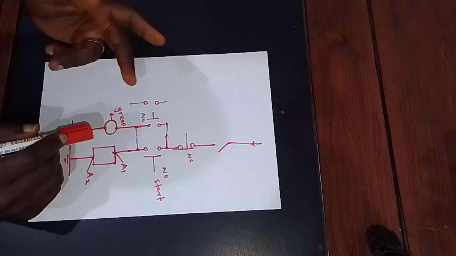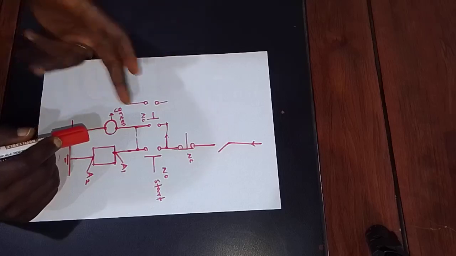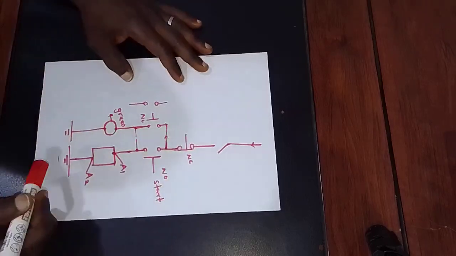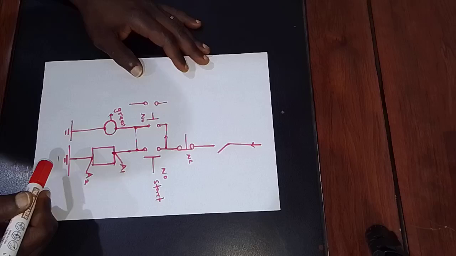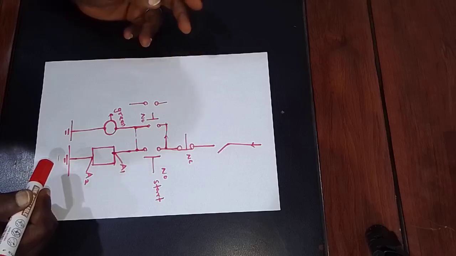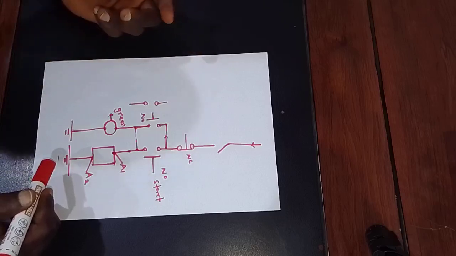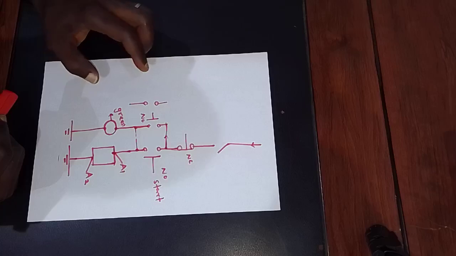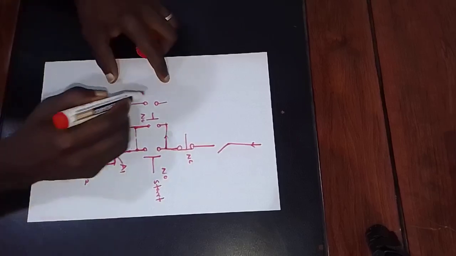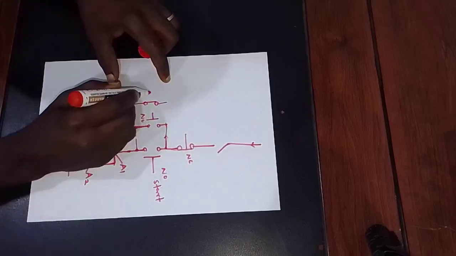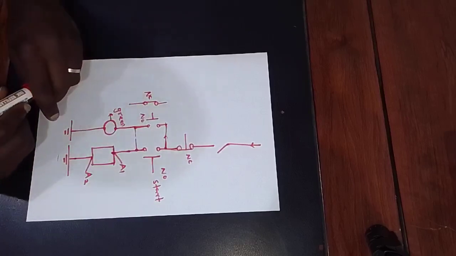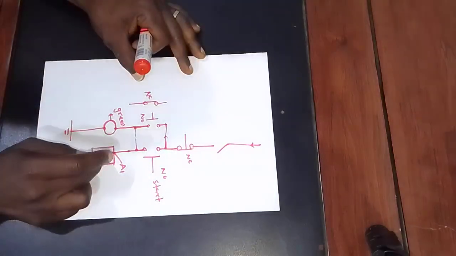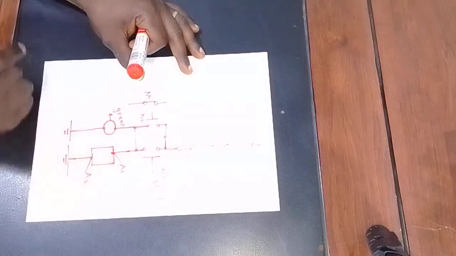The normally open contact is the one we connect to the green light to show that the circuit is closed, or the contactor is energized, or the load is switched on. The other contact on the auxiliary contact, which is normally closed, is the one we are going to use to indicate that the coil of the contactor is de-energized.